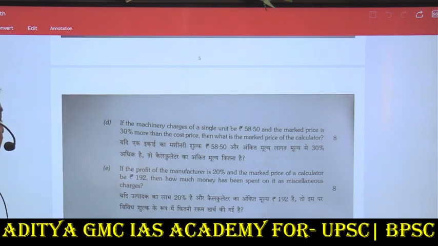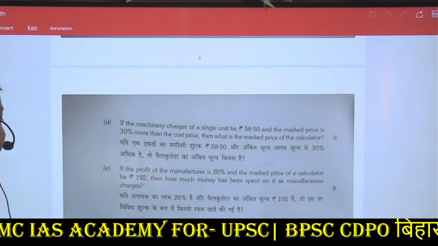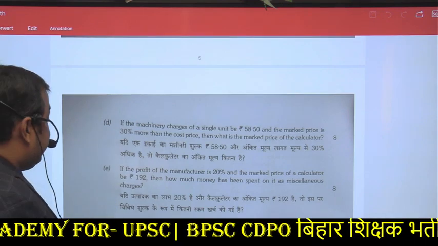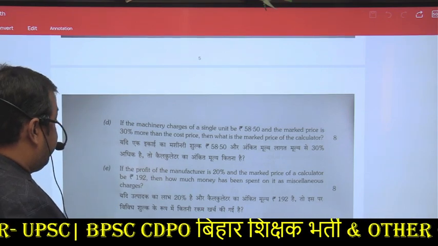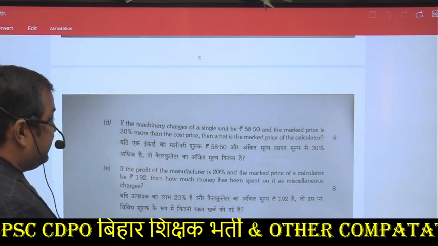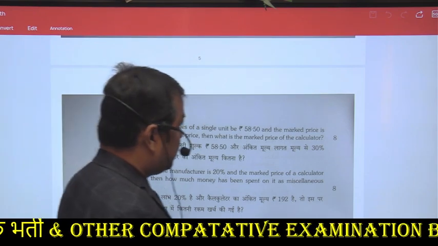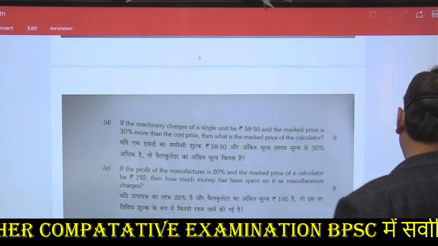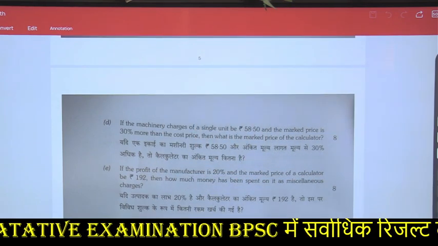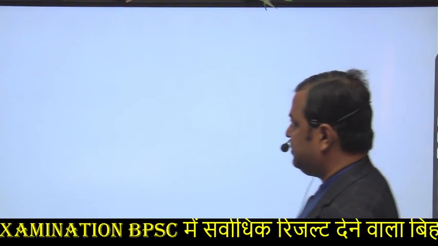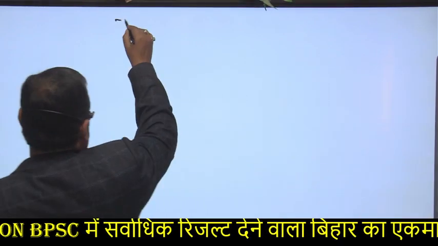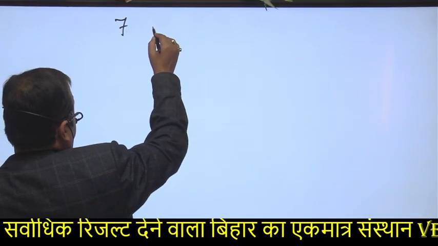So first of all, we found out cost price, then miscellaneous part. So consider detailed explanation question number 7 or part.